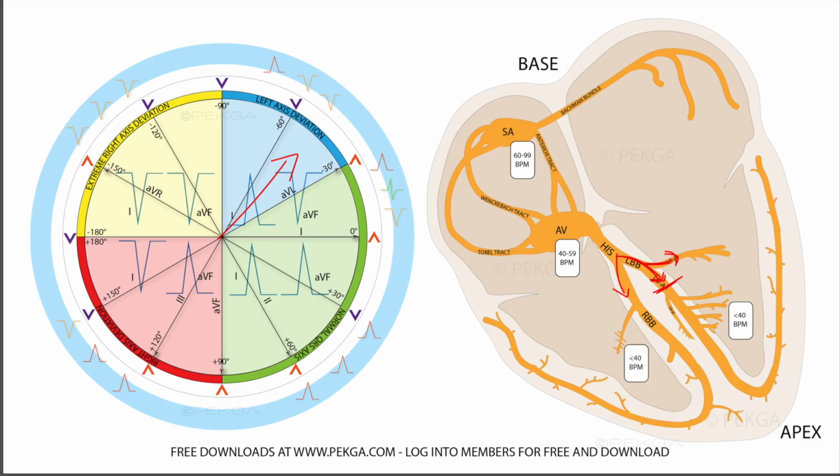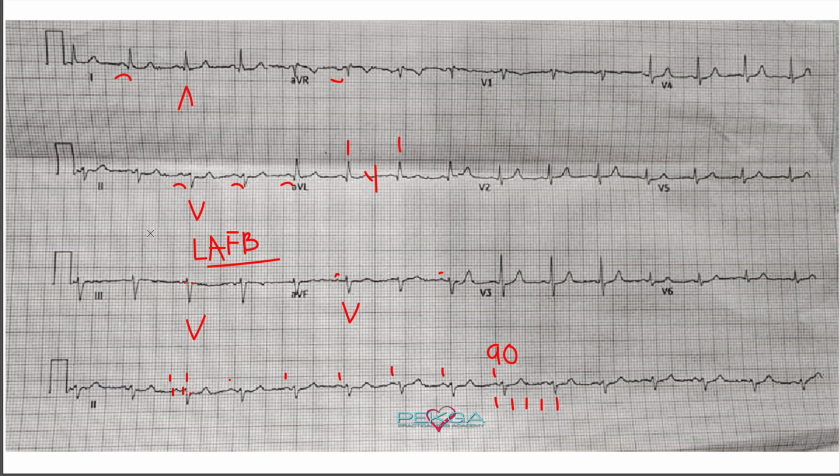And so what we have here is a rate-dependent or functional fascicular block, which is unmasked during slower or more normal rates. And oftentimes you will see that with both AV-NRT and orthodromic AV-RT.